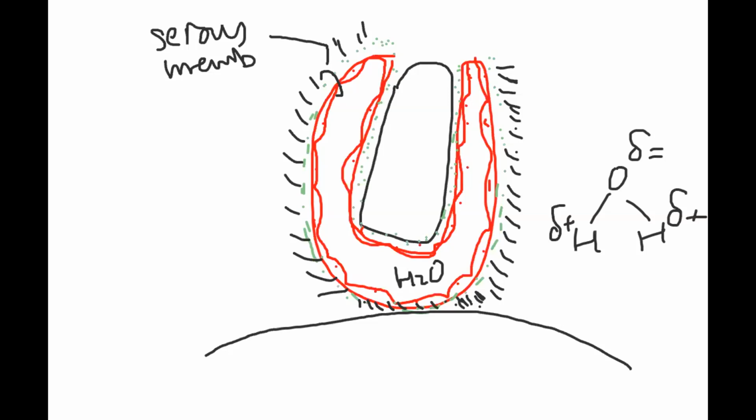So if this is a water molecule, and then you have another water molecule over here, and this side has a partial positive, it is going to attract to this partially negative side. That is going to form some kind of attraction force. That's a hydrogen bond. Do you remember that? Okay, so there's a tension here.